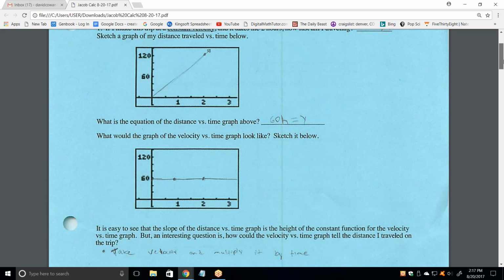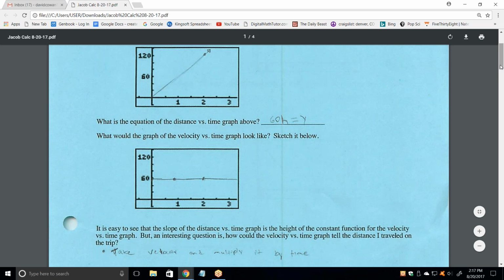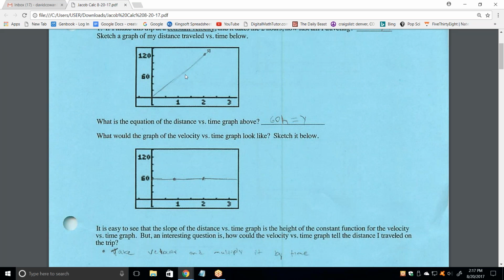Now, let me just point out one other thing. If you take your position function, what's the slope of that thing? It's a straight line. Has a constant slope everywhere on there. What is it? The slope of the line? It's rise over run.